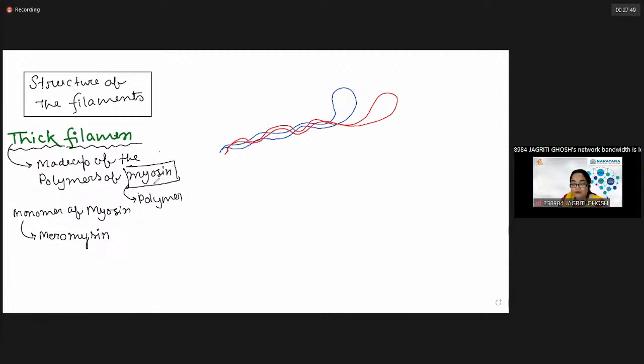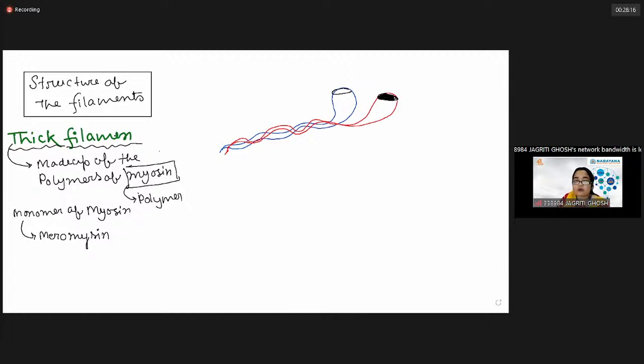This is one single meromyosin. On the top part of the meromyosin, both of these parts have an ATP binding site with an ATPase. This side and this side.